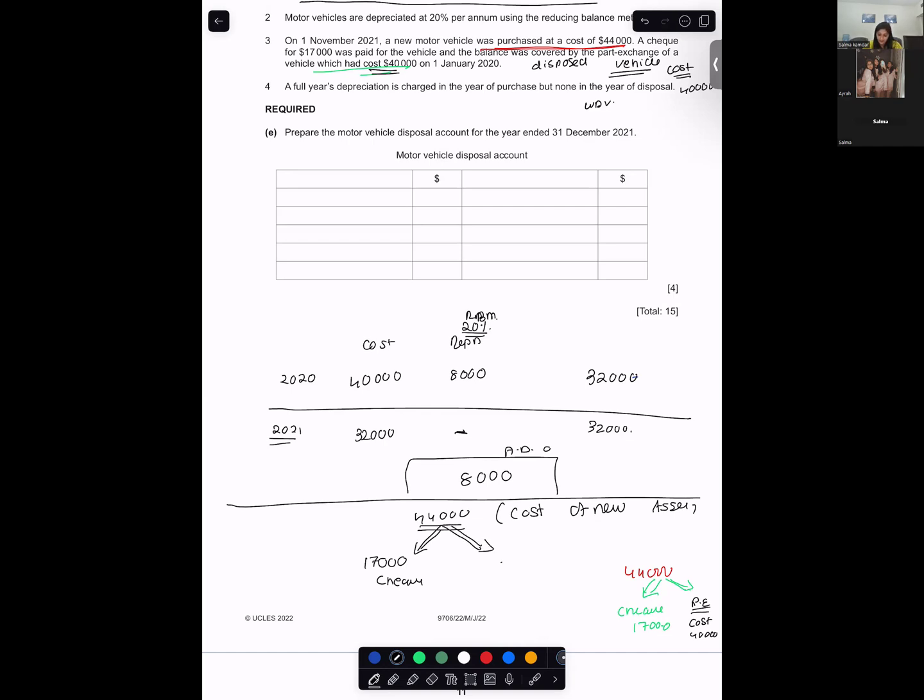So I have got 27,000 as the selling price, the vehicle exchange selling price. Are you with me?